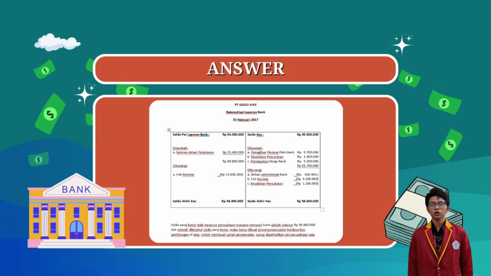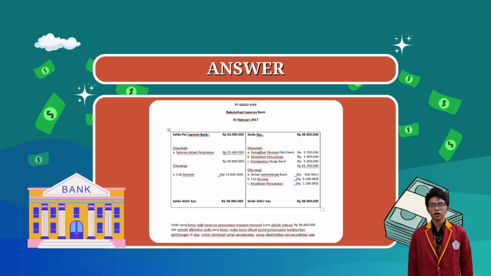5. PT Gogo Vive was unaware that it had paid an invoice to PT ZAIA via BSI Bank for 9,700,000 Indonesian rupiah. Record this under the company's column as 9.7 million Indonesian rupiah. 6. BSI Bank charged an administrative fee on the company's current account of 400,000 Indonesian rupiah, discovered on February 31, 2017.